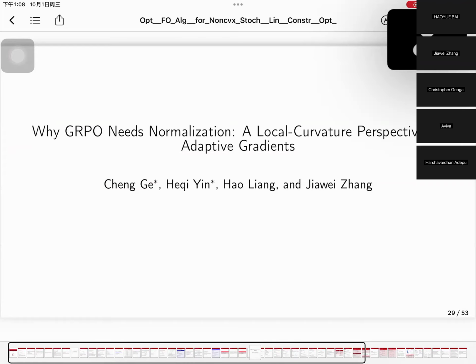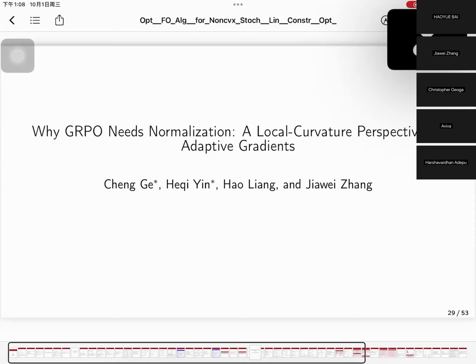I discussed how to design optimal first-order algorithms for solving constrained optimization problems in the deterministic and stochastic cases. In the second part, I will try to answer the second question: how can we design algorithms using the local smoothness, the local curvature of the objective function, to accelerate algorithms? The second part is not a new algorithm I designed.